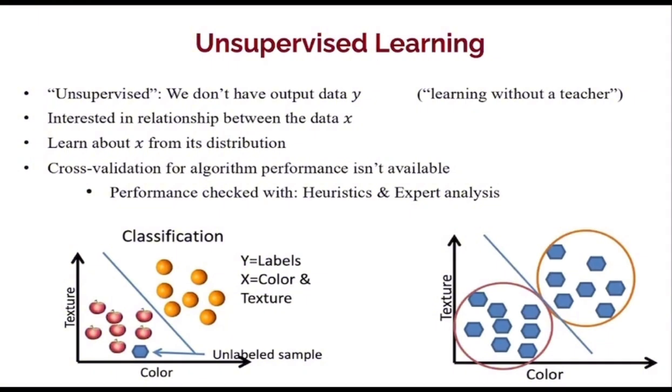Generally speaking, we are not interested in looking at the effect of a particular variable on another variable. Don't forget, we don't have an output variable, which we also call an outcome variable Y. So the goal is to focus only on X, with the intention of uncovering the underlying probability distributions, structures, or relationships among the X only.